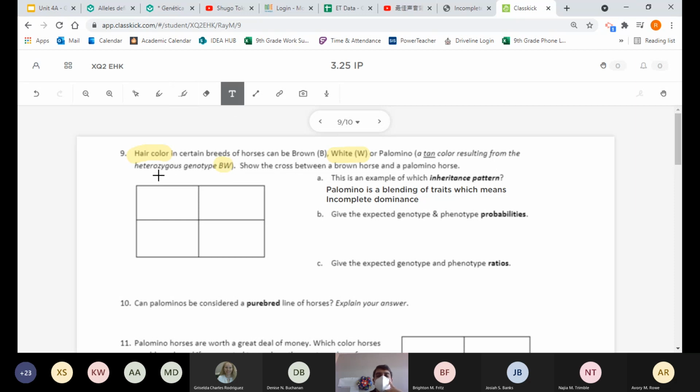So if we are crossing a brown horse, so brown again is going to be capital B, that's going to be our brown allele.